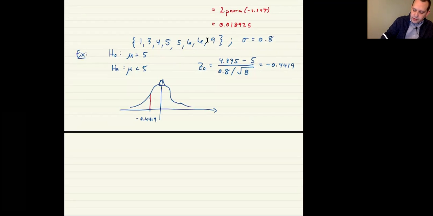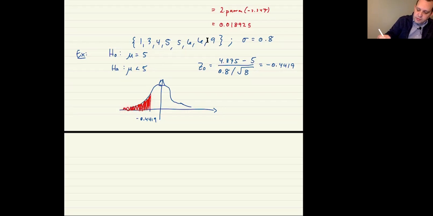We want to know the p-value, and it's going to be just this area. We don't have to worry about the area to the right because this is a left-tailed hypothesis test. So the probability that the data is at least this extreme means that it's at this point or to the left of this point. And we want to know the area of that region.